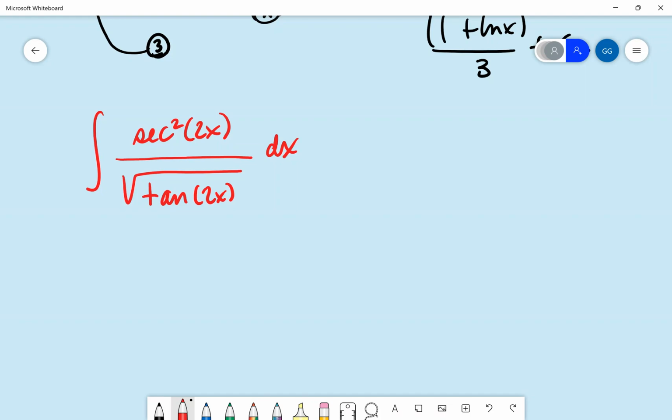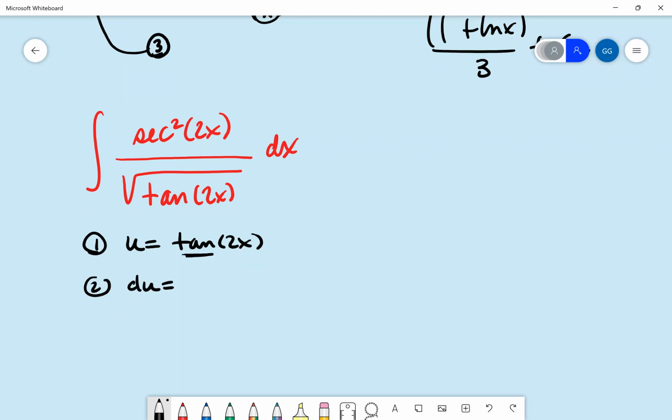But remember, we always want to choose a u so that the derivative is in the integrand. The derivative of u has to be in the integrand. So I'm going to try to choose u to be tangent 2x because its derivative, secant squared, is in the integrand.